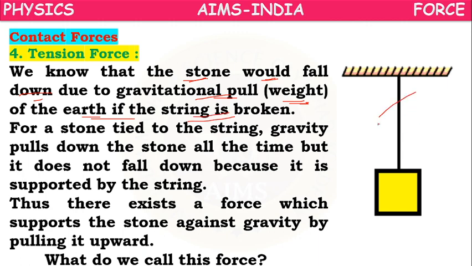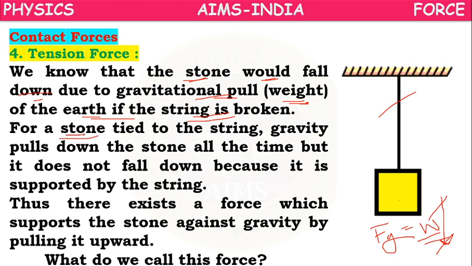If the string is broken, this will fall down due to gravitational force of the earth, Fg. Because of the stone weight, it will fall down if the string is broken.